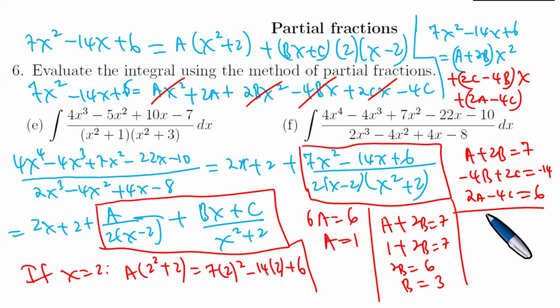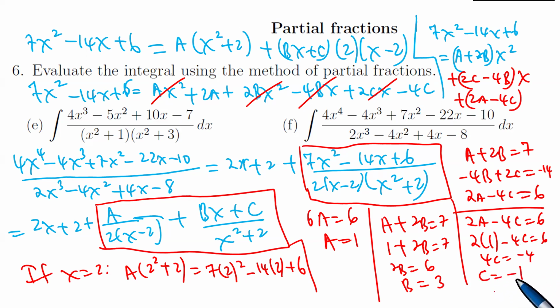Once you get that B is 3, you need to get C. Can you use this one? 2A minus 4C is 6. A is 1, the C we don't know, which means 4C is 2 minus 6. This will bring C as minus 1.